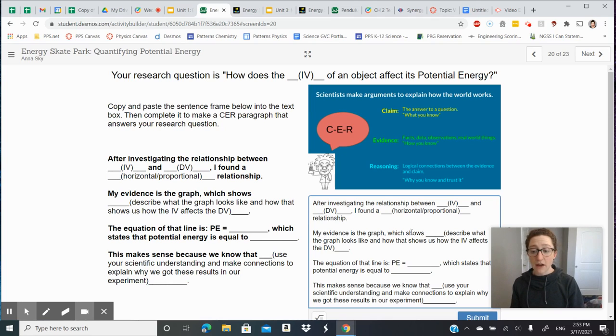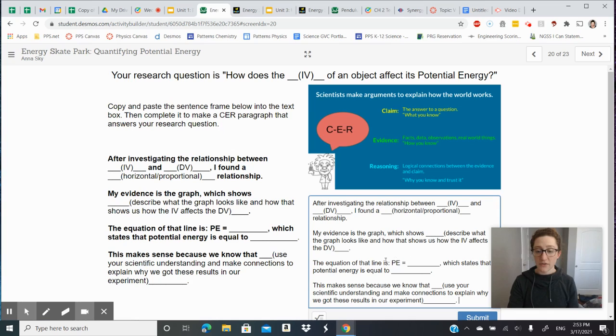My evidence is the graph, which shows, describe what the graph looks like and how that shows us how the independent variable affects the dependent variable. This is maybe even more than one sentence here. I want to see what the graph looks like.